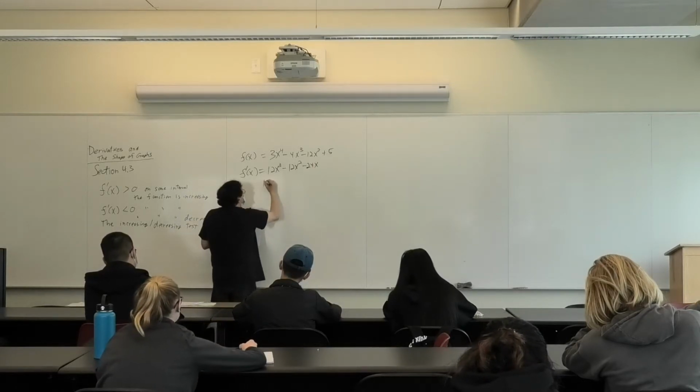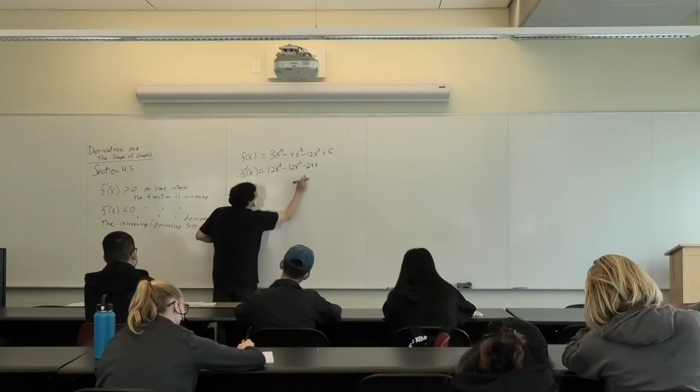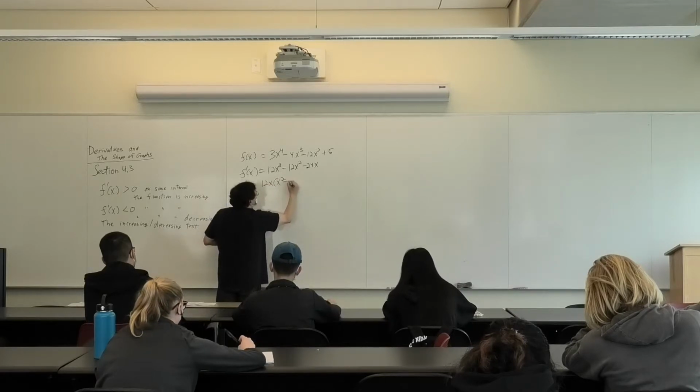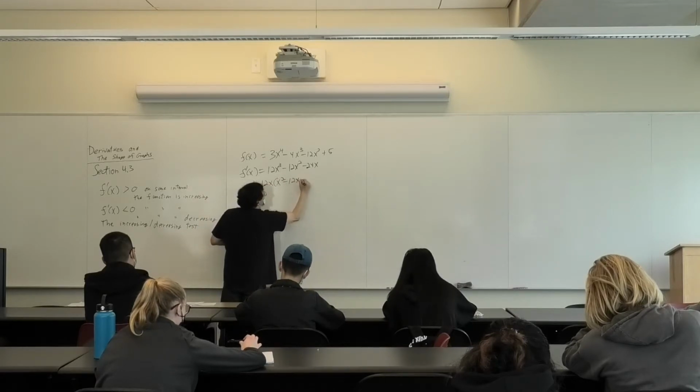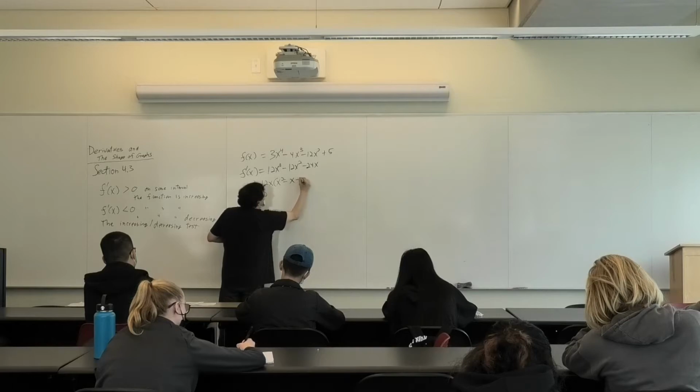Now let's factor that. I can take out a 12, right? And I can take out an x. I get x squared minus x minus 2.